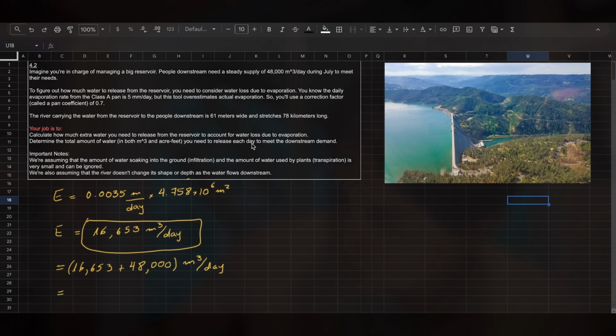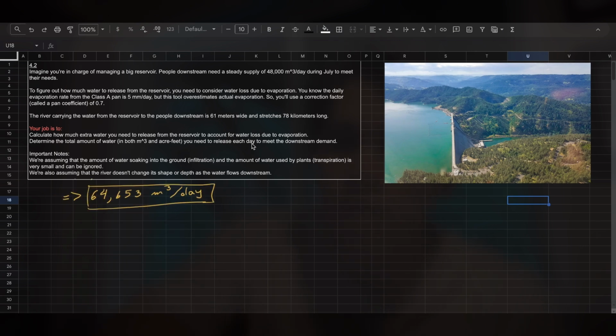So we need to release about 64,653 cubic meters per day. So this is one of the answers in cubic meters per day.